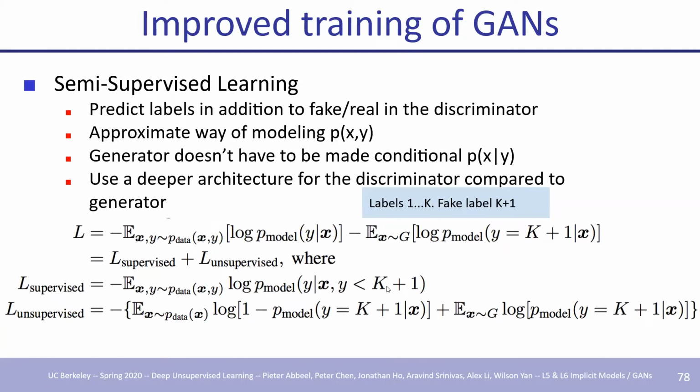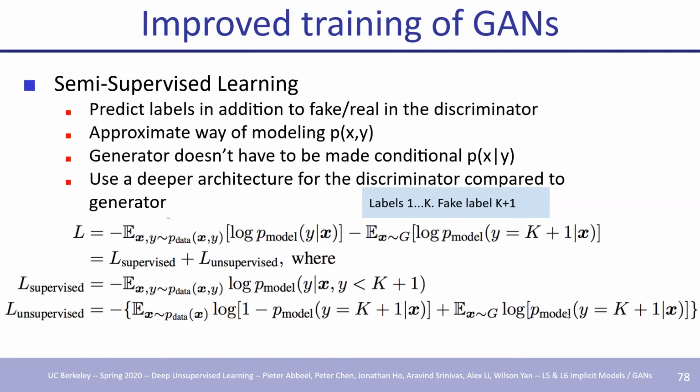So that's the supervised part, right? That's the part you would do if you were doing just supervised learning for classification. And whatever's left behind is the part where Y is K plus 1, where it was generated and then detected as fake. So this is the unsupervised part and this is the supervised part.